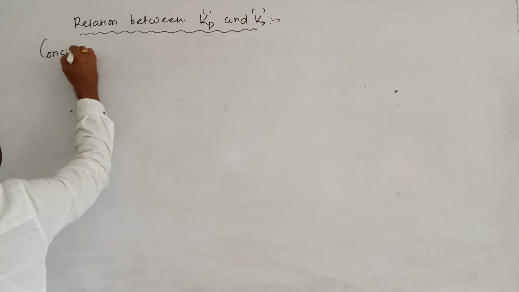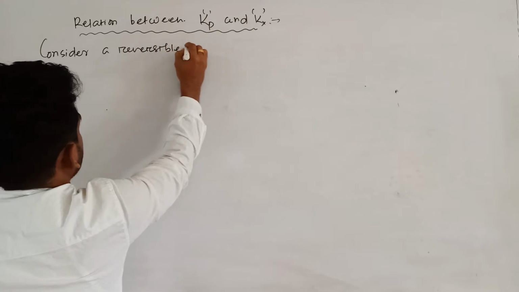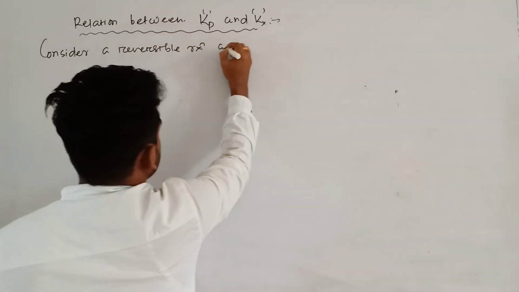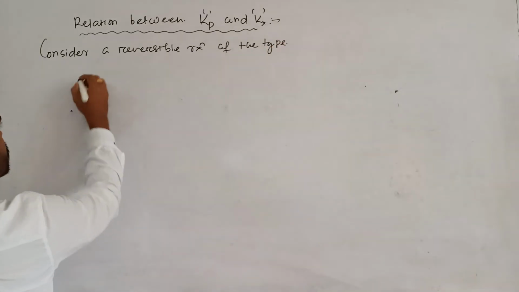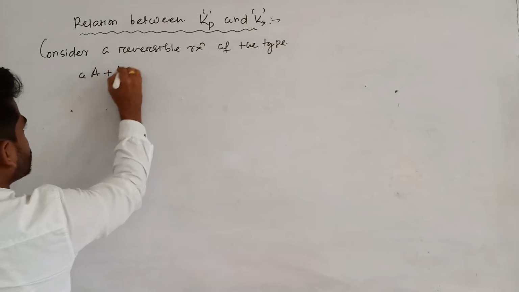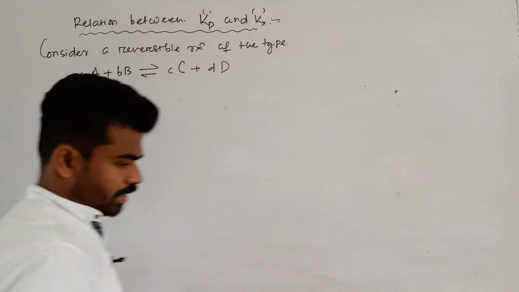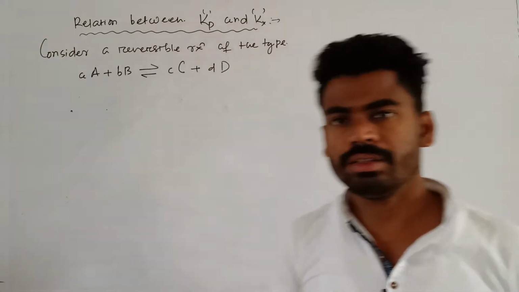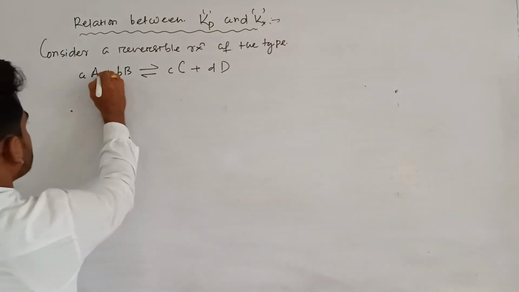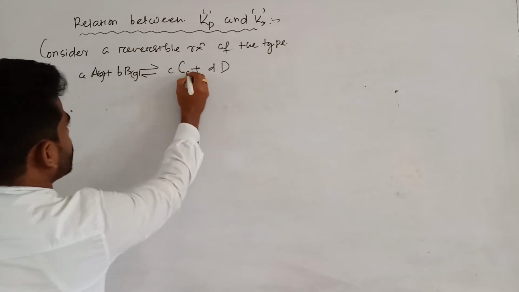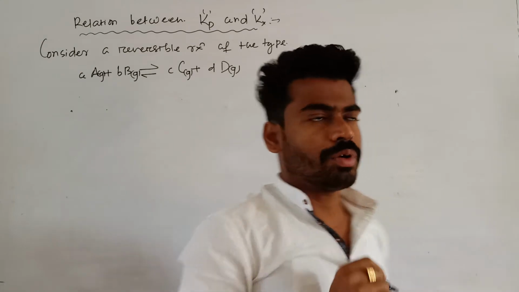Consider a reversible reaction of the type, let's say aA plus bB giving rise to cC plus dD, where a, b, c, d are their stoichiometric coefficients. Clear? So all are in the form of gases, that means this reversible reaction includes a gaseous mixture of reactants and products.